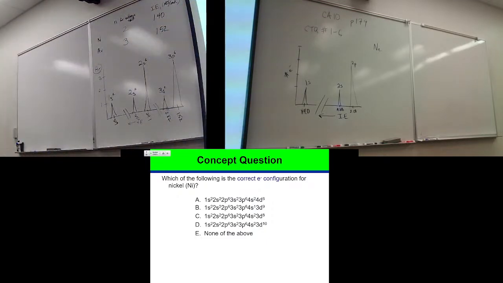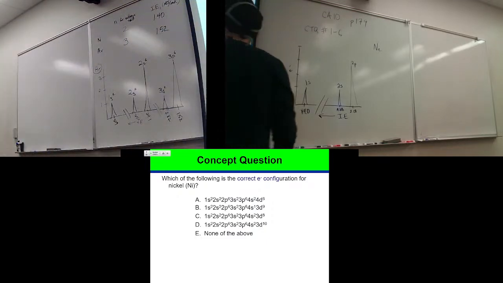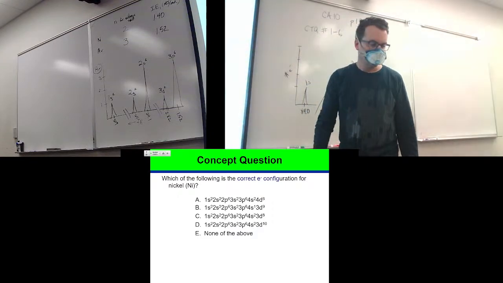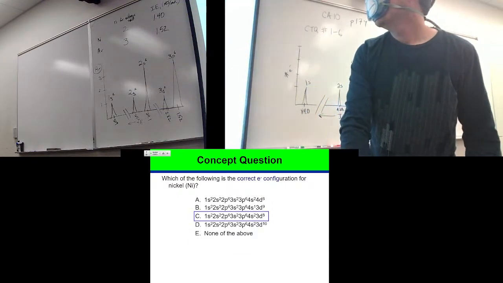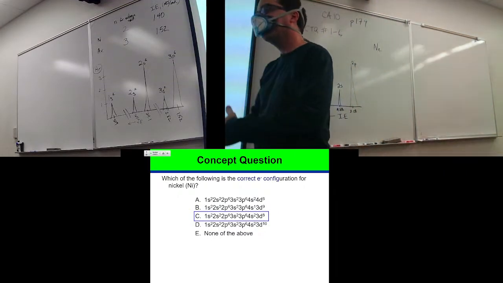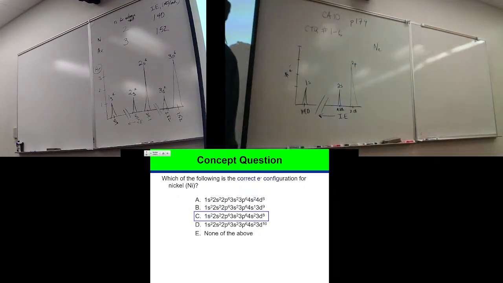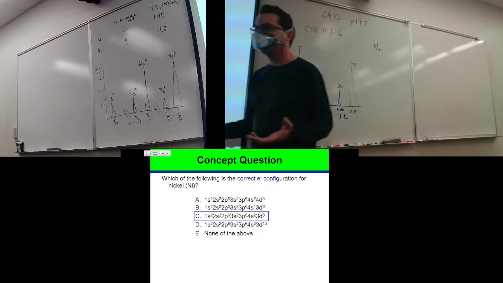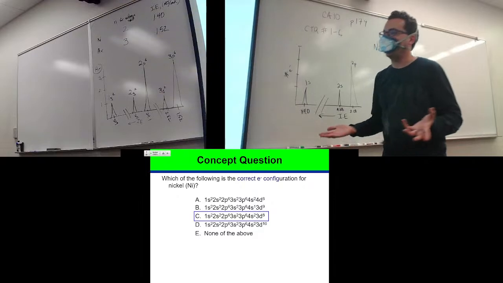So it's got to be this one, 4s2, 3d8. And you can always double check your answer a little bit. You can find the total number of electrons. So nickel should have 28 electrons, same as its atomic number. The superscript parts should add up to 28, which is a lot to add up, but that's one way to check.